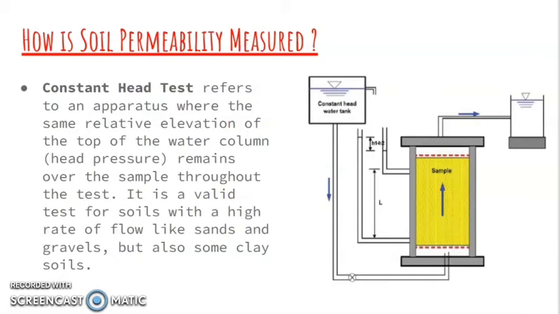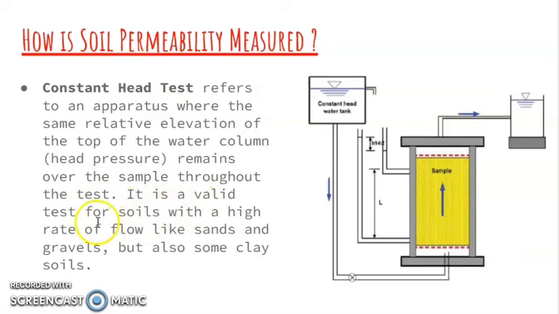Okay, how is soil permeability measured? There are two tests to measure permeability. The first test is the constant head test. It refers to an apparatus where the same relative elevation of the top of the water column remains over the sample throughout the test.